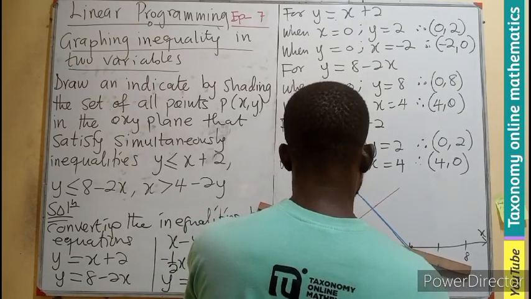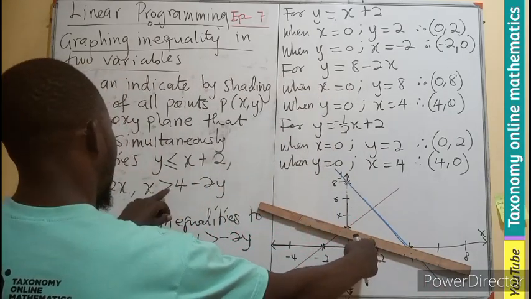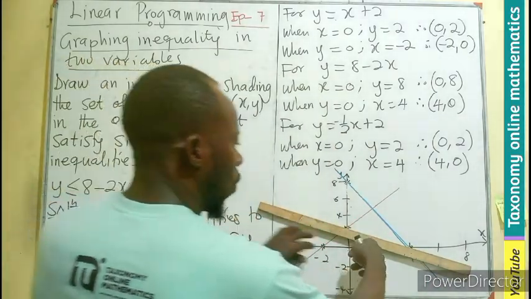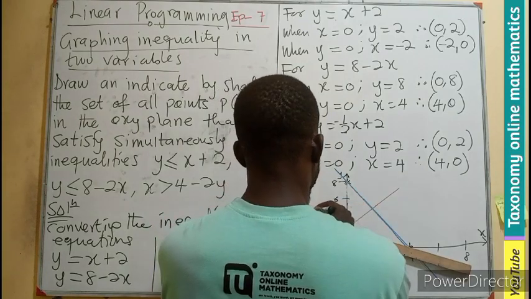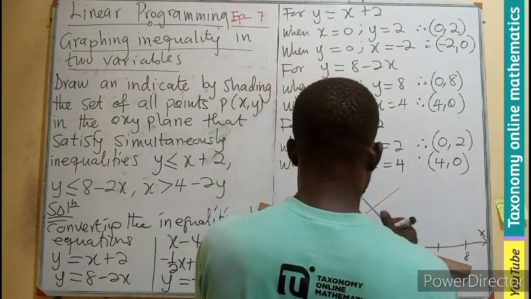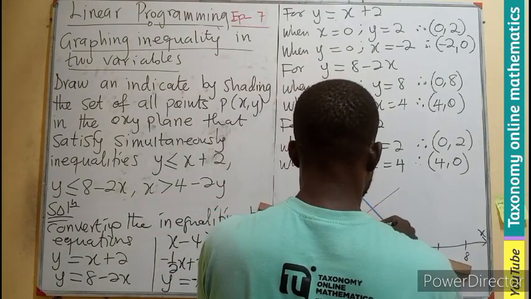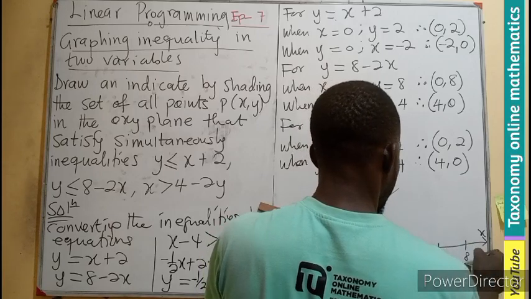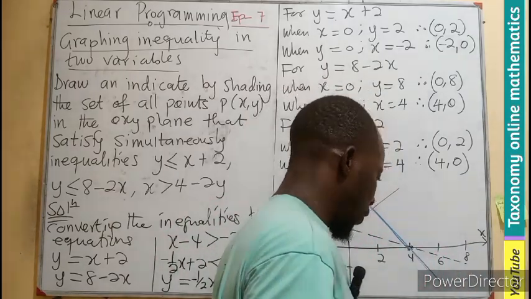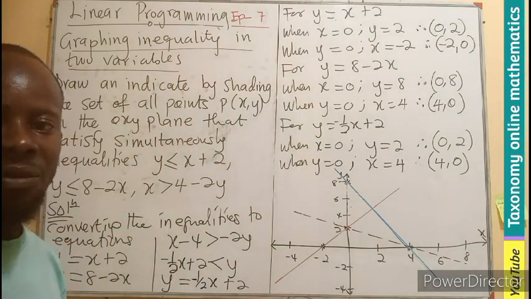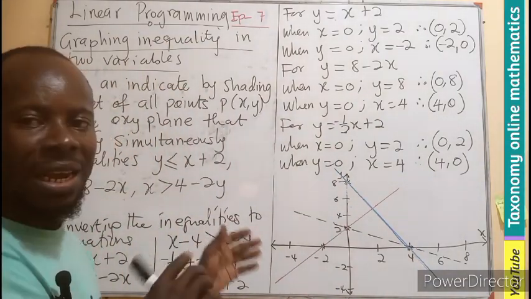But if you check carefully, the third one does not have equals to, so we use a dotted line. So this is what we are going to have for the 3 lines.